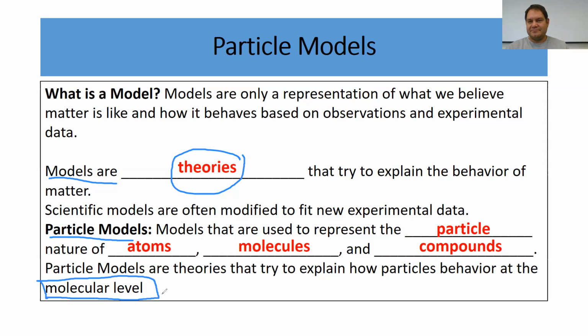You can't use a normal microscope that you use in biology to see the molecular level. That just doesn't work. We're barely getting special microscopes, these electron scanning microscopes, where we can even begin to look at the surface of atoms and compounds. So for the most part, we just don't have a good way of visually seeing them at such a small level. So we build models instead. We're going to work with models a lot, just so you know.